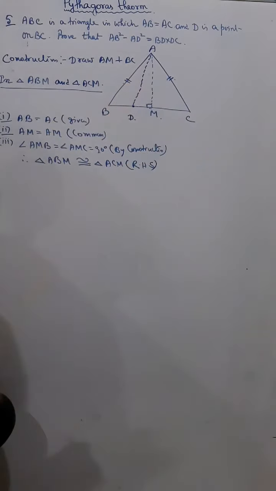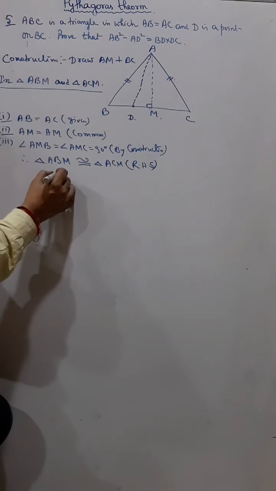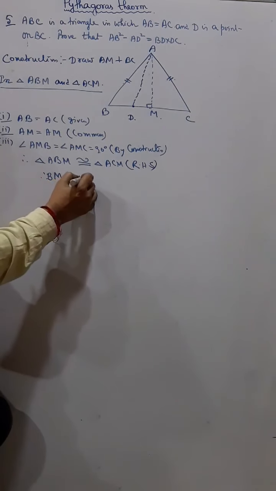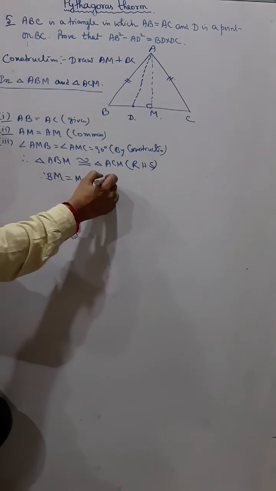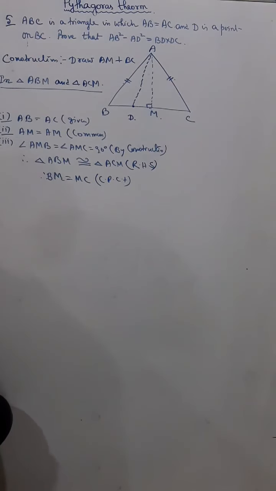So RHS criteria, I can say that triangle ABM is congruent to triangle ACM, and therefore BM is equal to MC, that is CPCT.